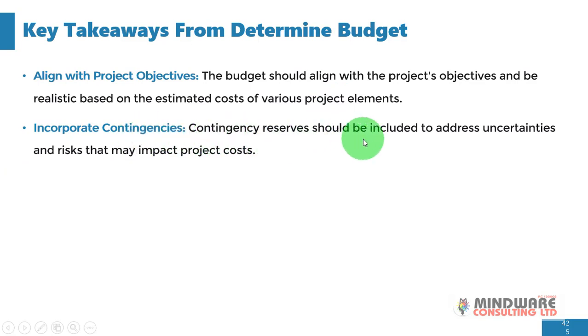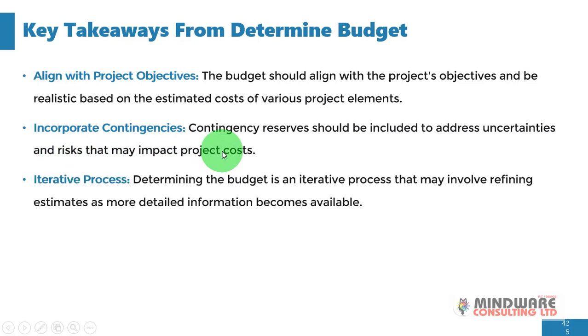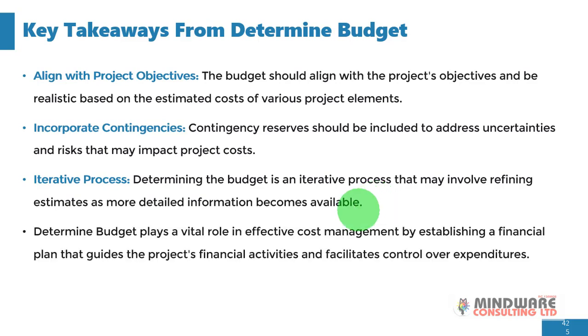Contingency reserves should be included to address uncertainties and risks that may impact project costs. Iterative process. Determining the budget is an iterative process that may involve refining estimates as more detailed information becomes available. So it's an elaborative process that you keep refining and improving as you get more information.